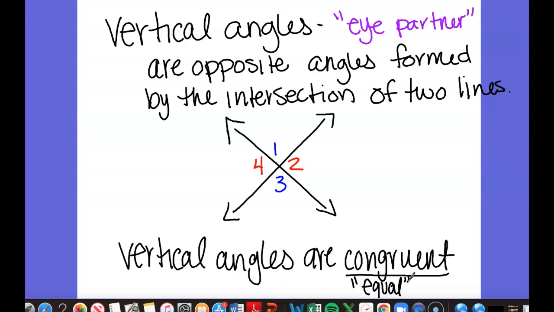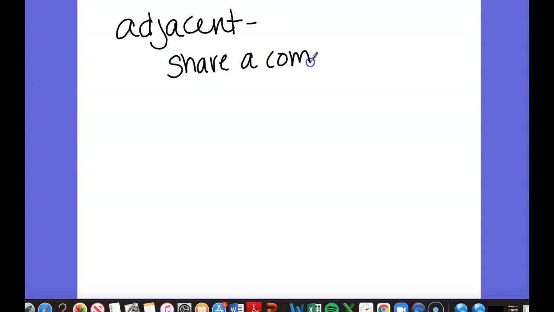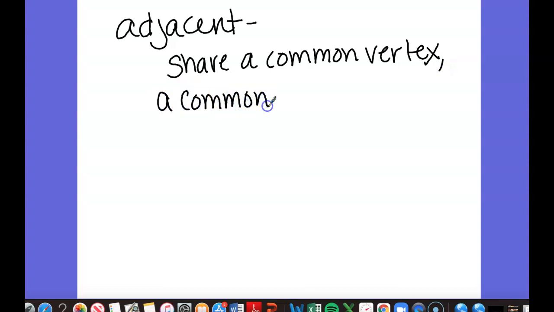Okay? Then the other type of angles that we're going to talk about are called adjacent. And you're on that same page. Adjacent angles share a common vertex, a common side, and do not overlap.